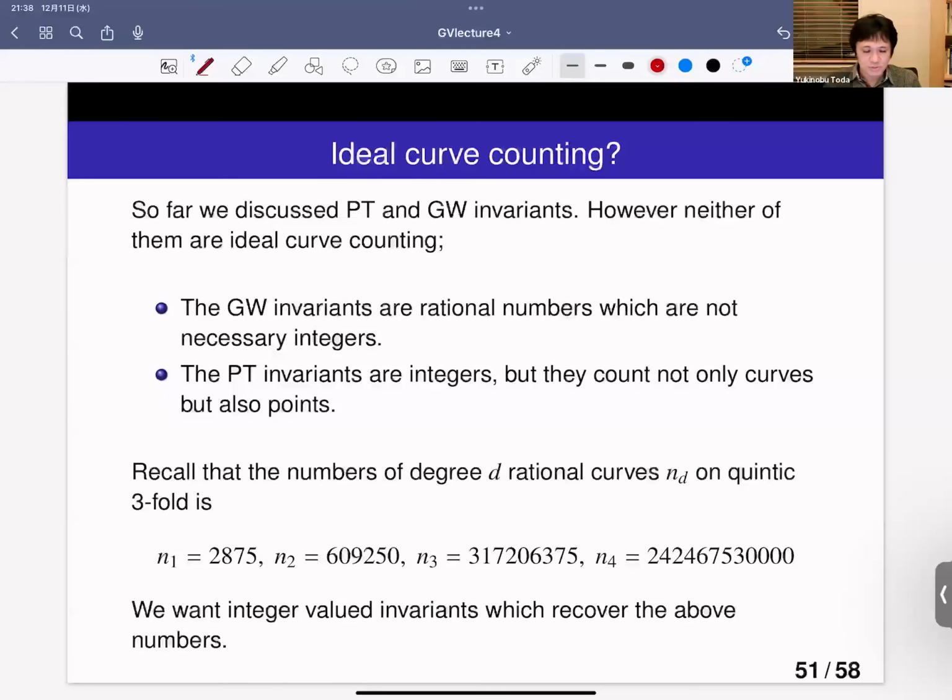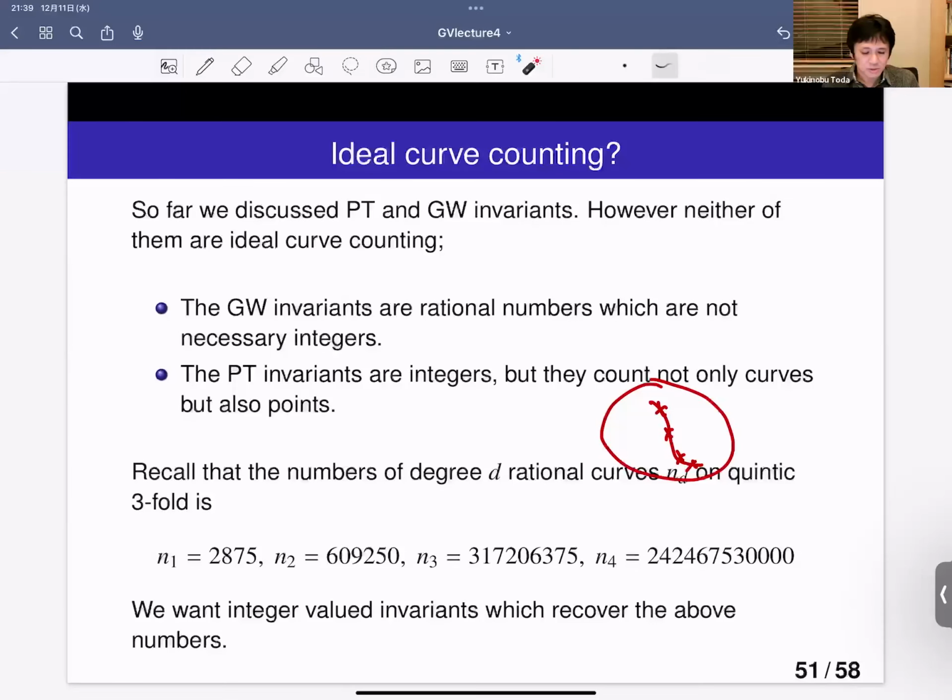for example, the typical example of a PT pair is that we have this curve and also some divisors. So there is still a contribution of the divisors. And so it is not clear how to get the information of the actual number of genus g and degree beta curves from the PT invariants.